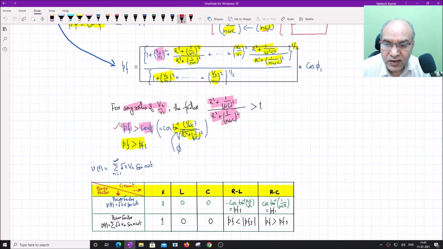So power factor improves in case of the RC circuit, and it reduces for the RL circuit.